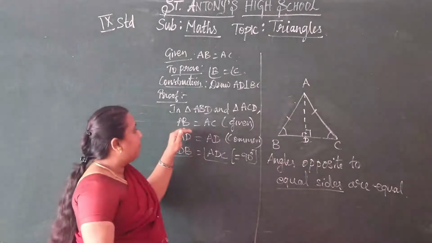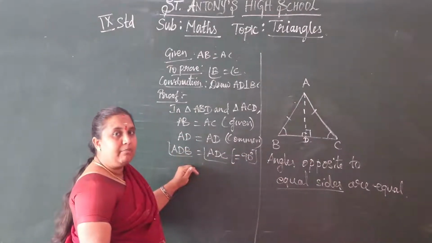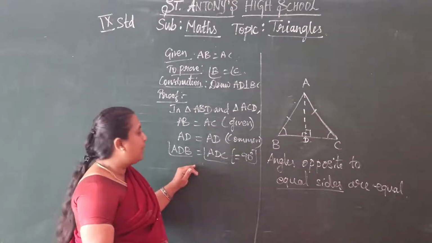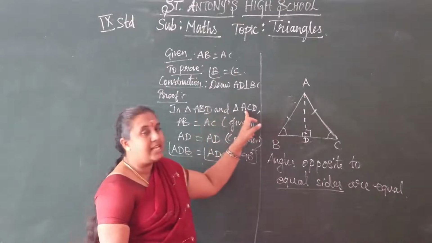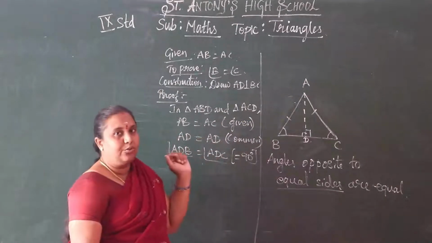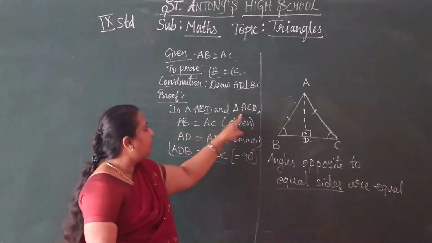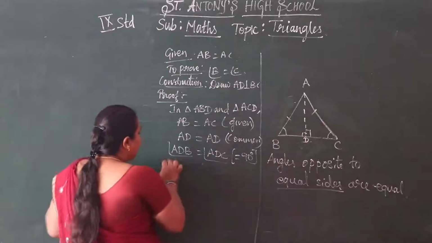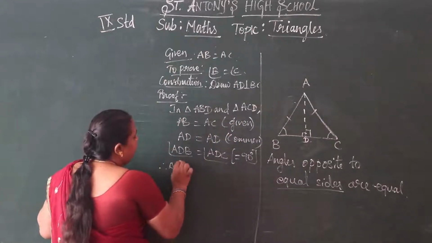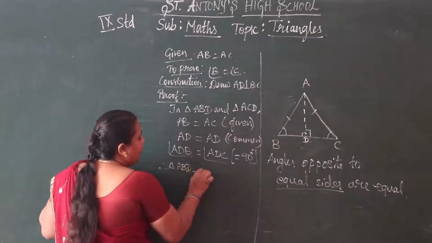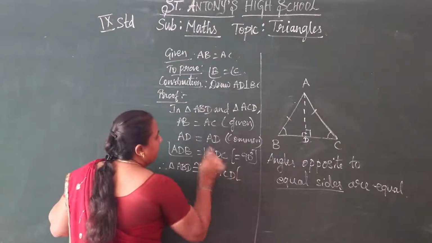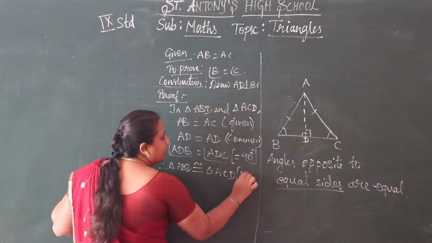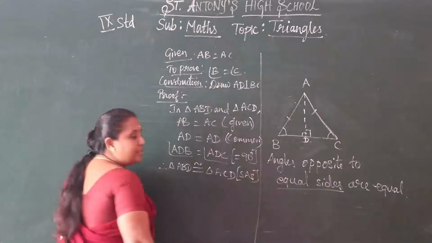Based on these three concepts, we can say triangle ABD and triangle ACD are congruent. Therefore, triangle ABD is congruent to triangle ACD by the SAS congruence rule.